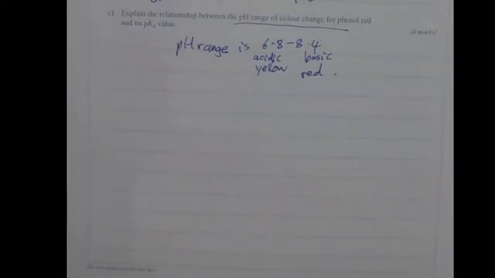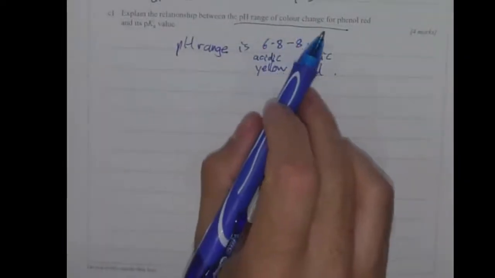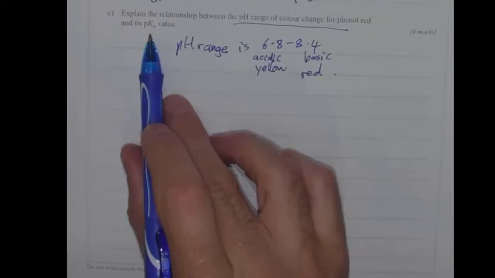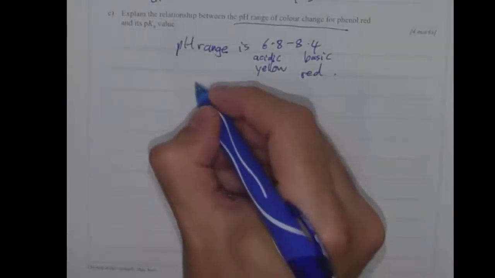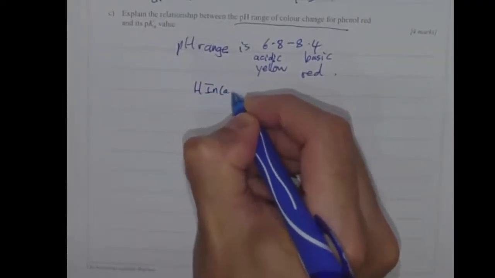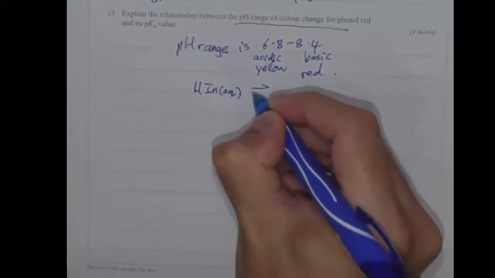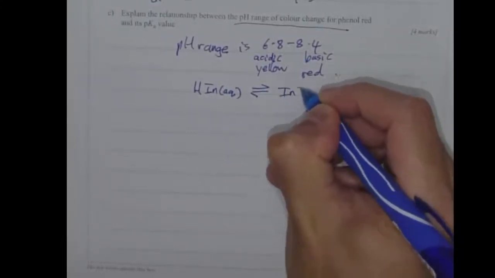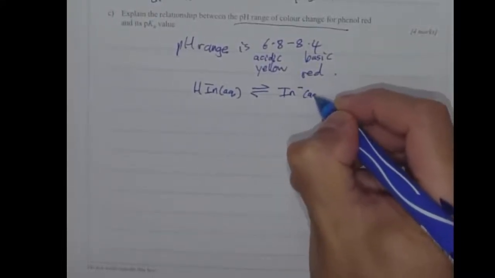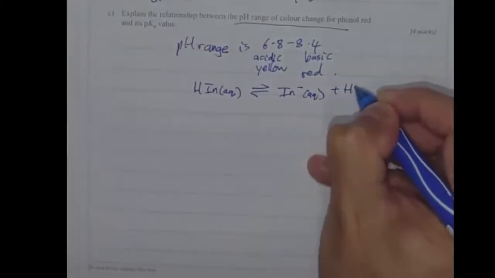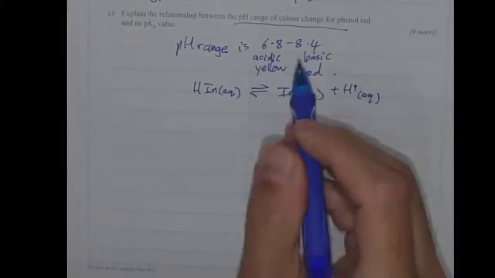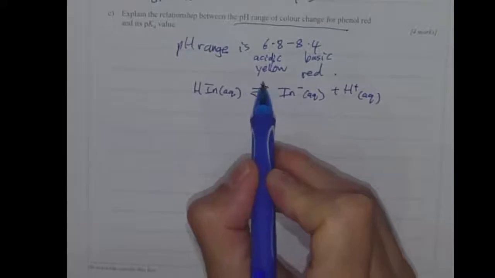Okay, and its pKa value. 4 marks. Chances of getting this correct are going to be low. Try and think of 8 things. All right, give me a moment, please.